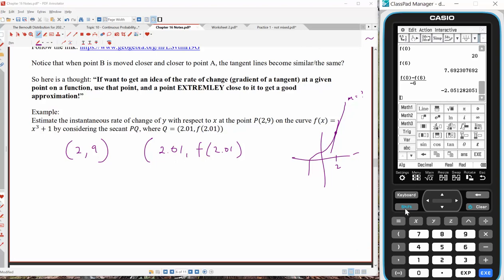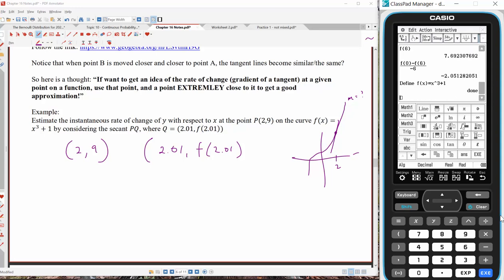So I'm going to jump on my calculator because you don't want to be subbing in 2.01 into this function. So shift and divide to insert the fraction template. And first of all, we've got to define the function. So f of x equals x cubed plus 1.